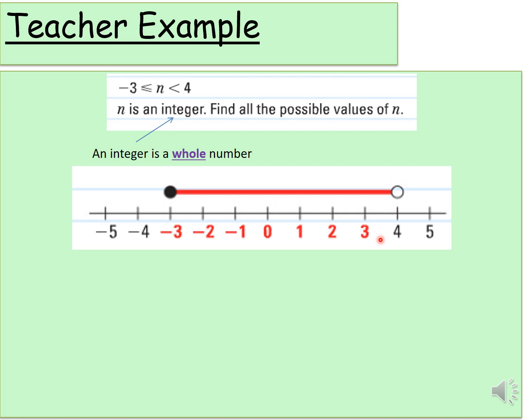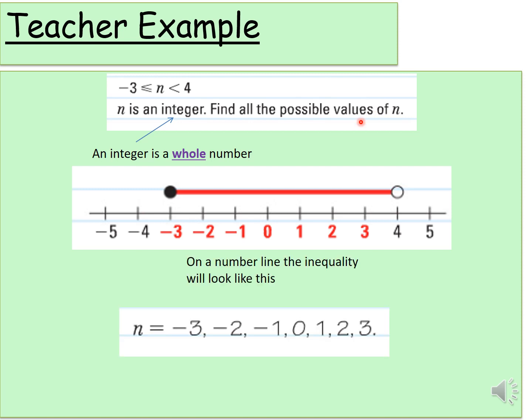So we have to list it because the question asks us to find all the possible values for n. So that's how we write it. n is equal to, that's all the possible values. Remember, 4 can't be there.